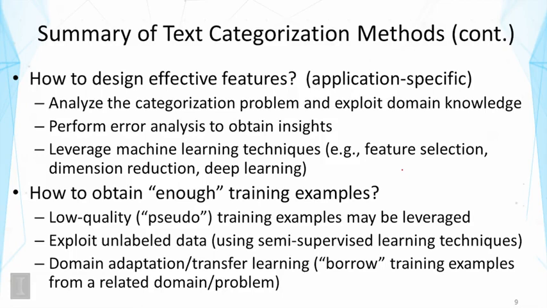And when the unlabeled data and the training data are very different, we might need to use other advanced machine learning techniques called domain adaptation or transfer learning. This is when we can borrow some training examples from a related problem that may be different, or from a categorization task that involves data that follow very different distributions from what we are working on.